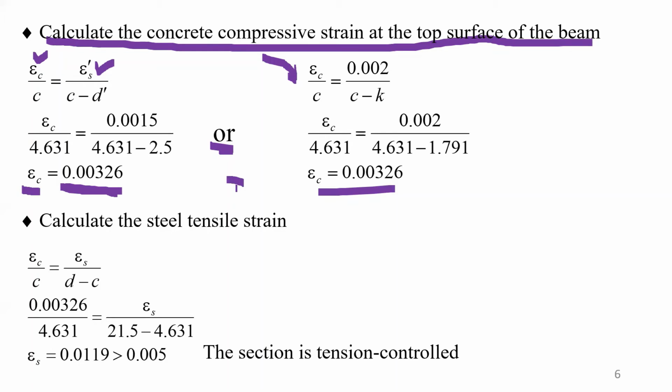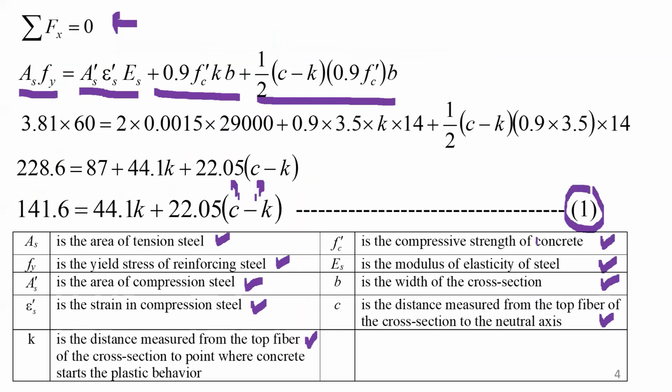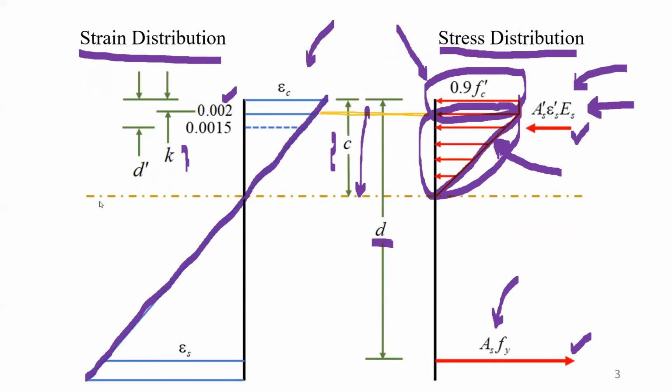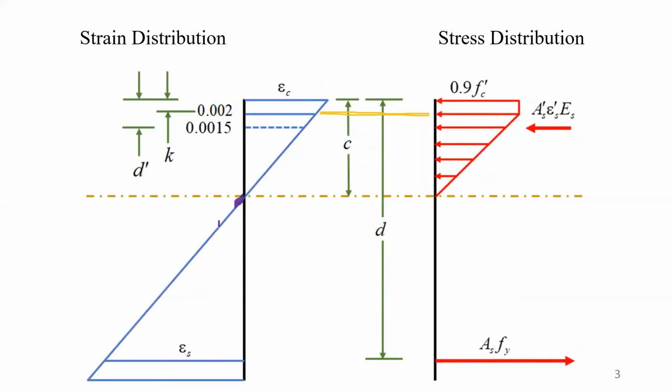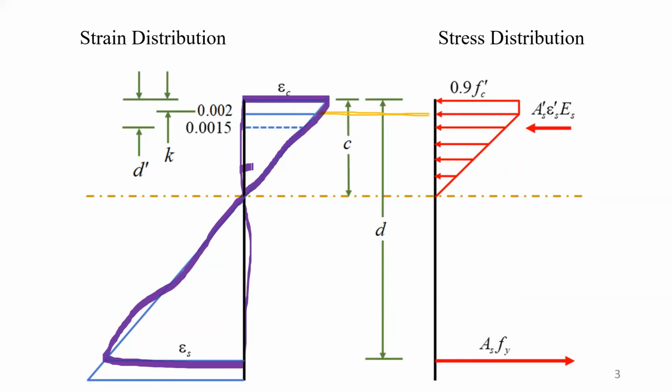Calculate the steel tensile strain. Again, we're going to use the concept of similar triangles, but this time we're going to use different triangles. The first triangle will be this one, and the second triangle will be this one. Notice that both triangles have the same tangent.